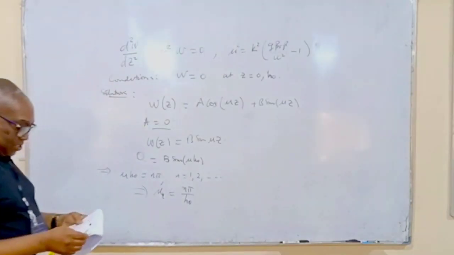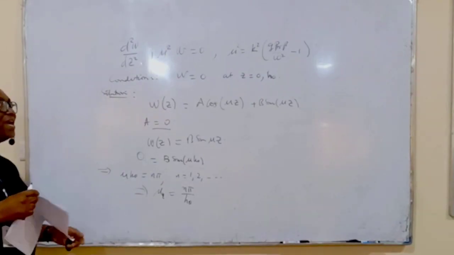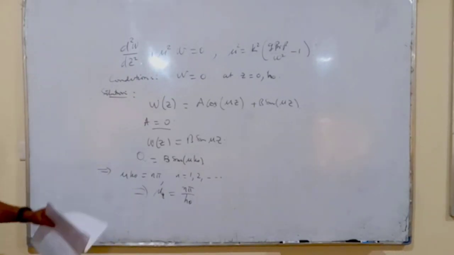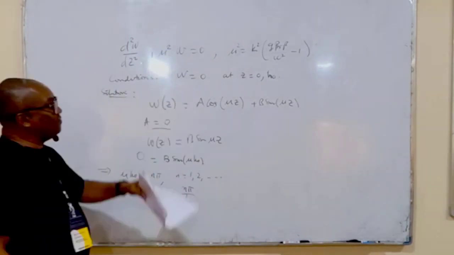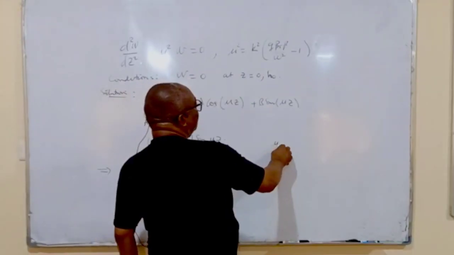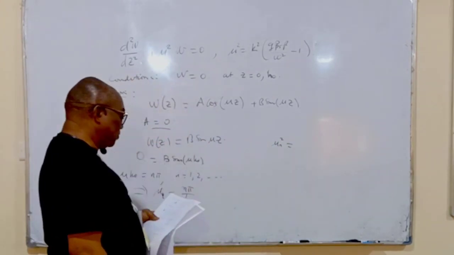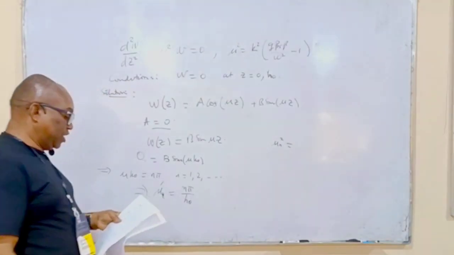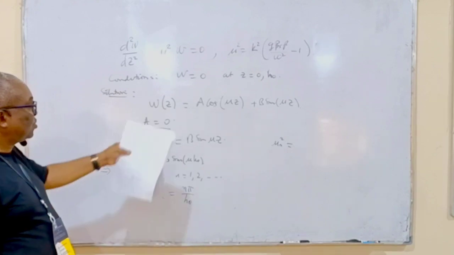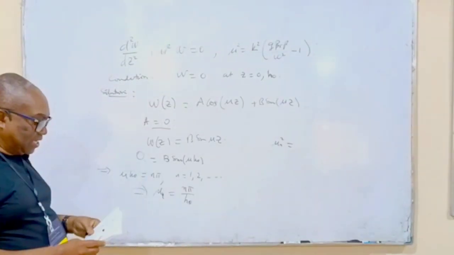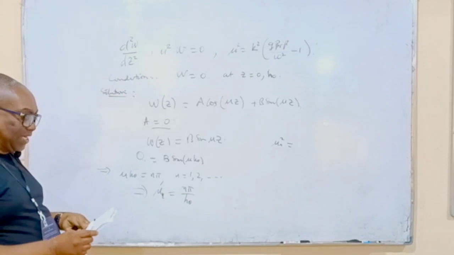You can now write your solution using the mu that has been given, so that mu n squared equals k squared times (g beta s over beta minus omega squared, minus 1). All we are going to do is get these values out and take it in the way we want to look at it.